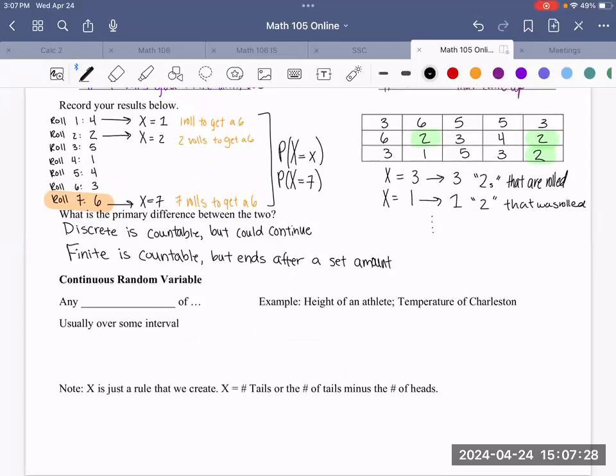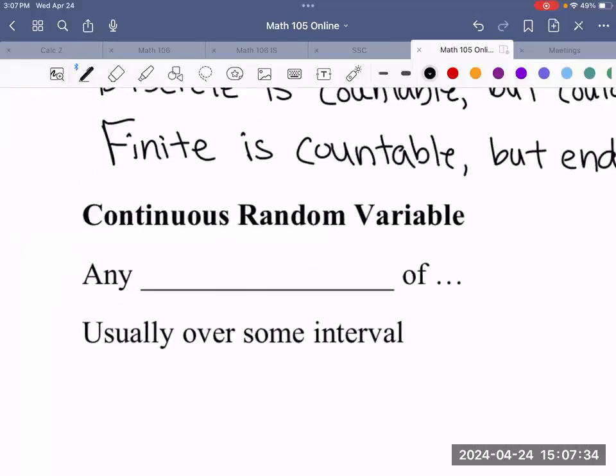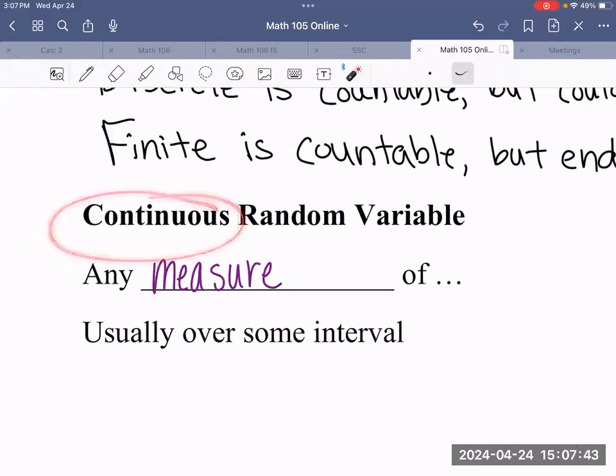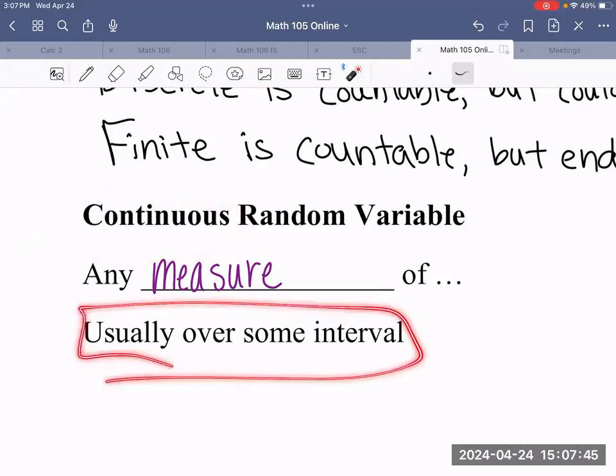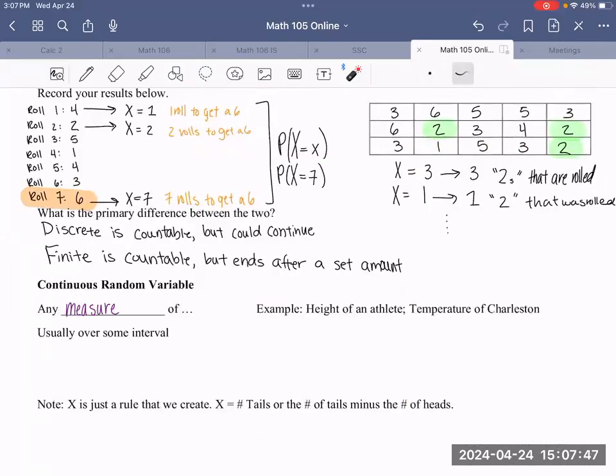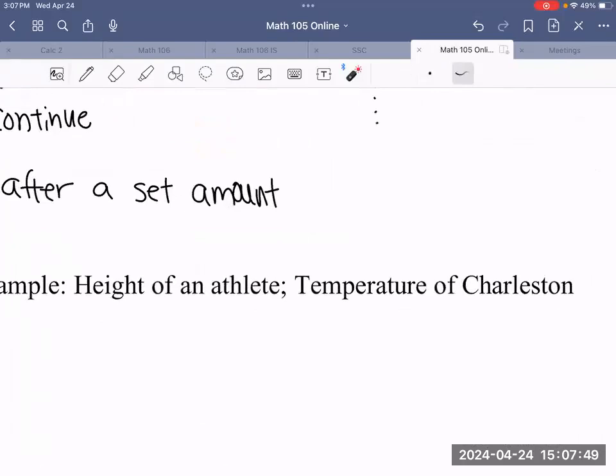Now, if we're talking about a third variable, this being a continuous random variable, this says that any measure is going to be considered a continuous amount. So usually it's over some interval. For example, the height of an athlete, the temperature of Charleston.